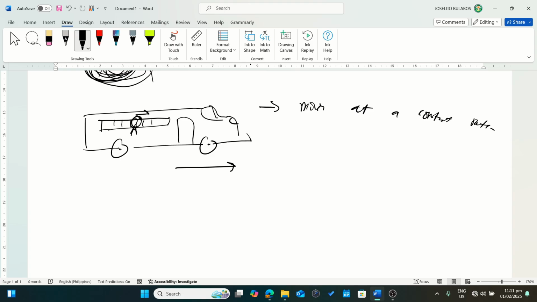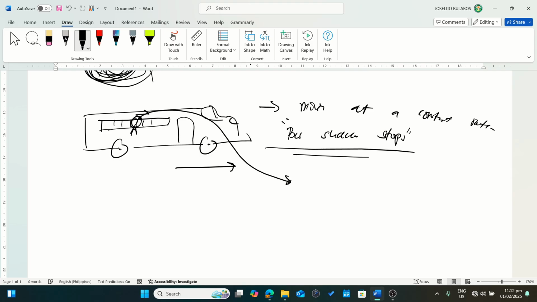Now, if the bus suddenly stops, what will happen to the passengers inside the bus? The passengers inside the bus will tend to move forward.